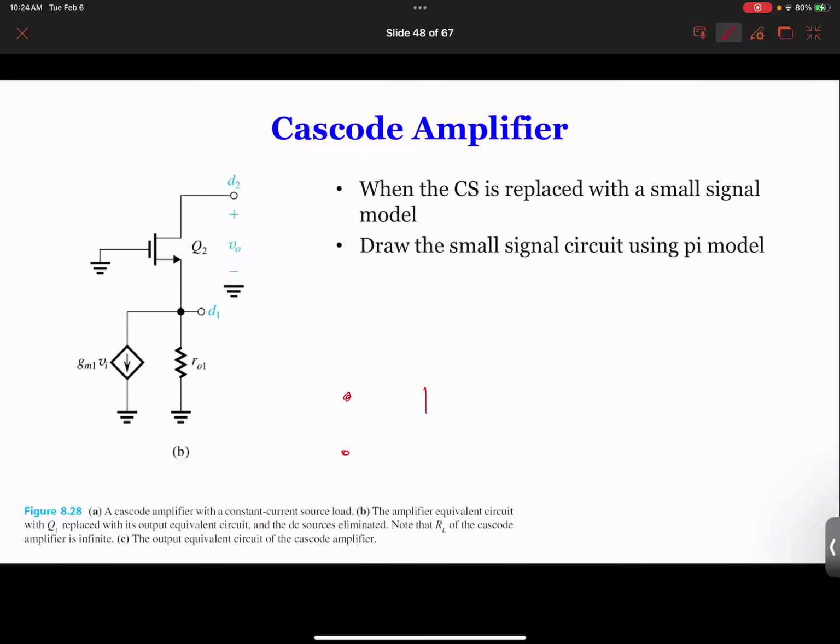Here the RO1 is input here, and then we have our VO relative to ground.